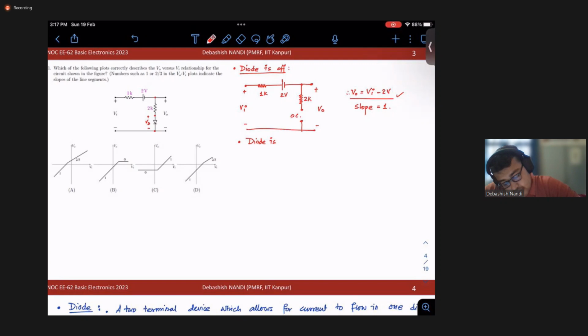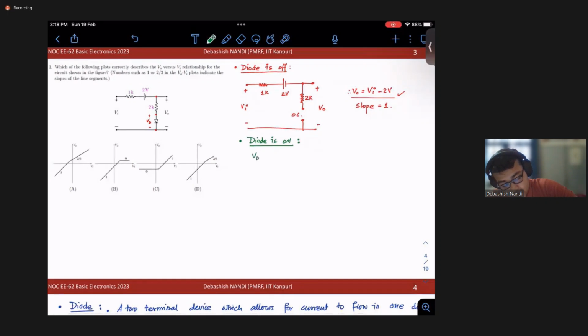Then when the diode is on, what is the condition for the diode to be on? First case, this VD should be greater than 0.7 volt, right?